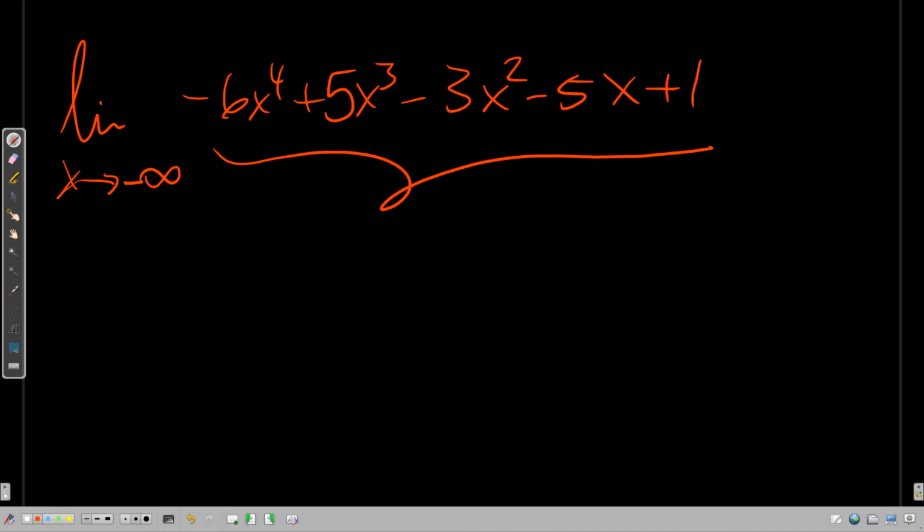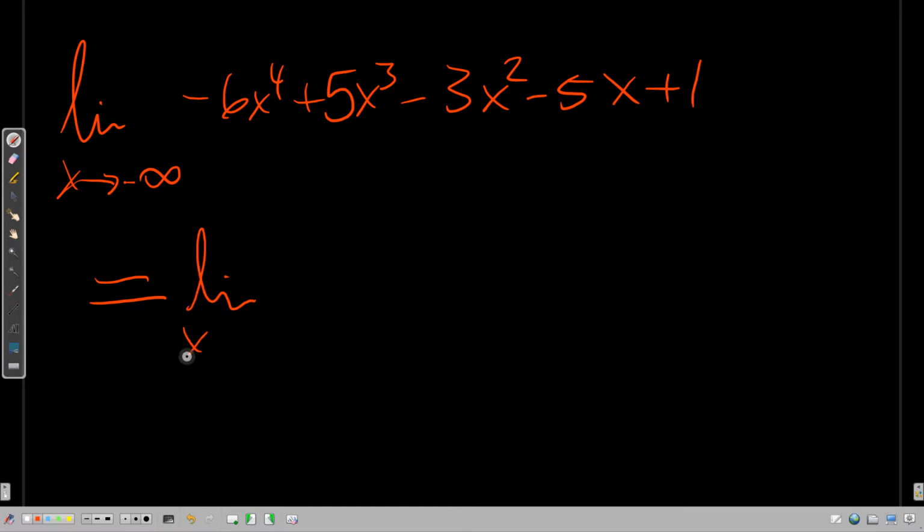This big polynomial, whatever its end behavior is out on the left side of the graph, has the very same end behavior as the limit as x goes to minus infinity of minus 6x to the 4th.